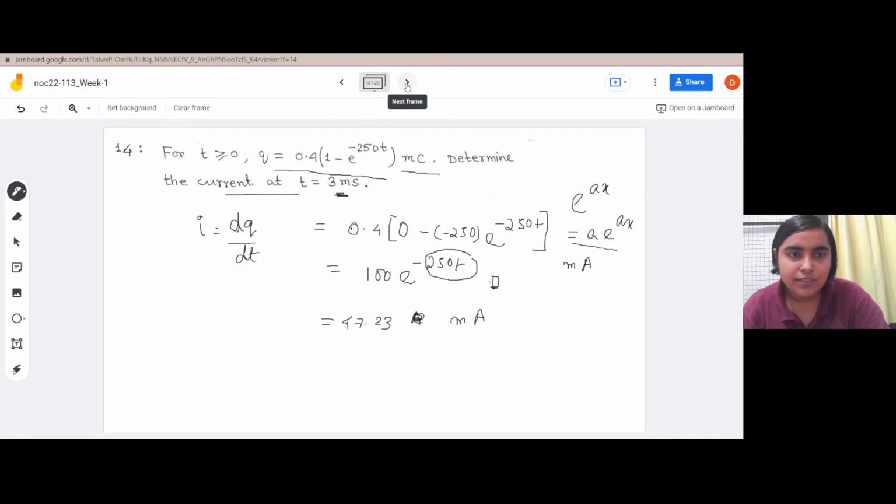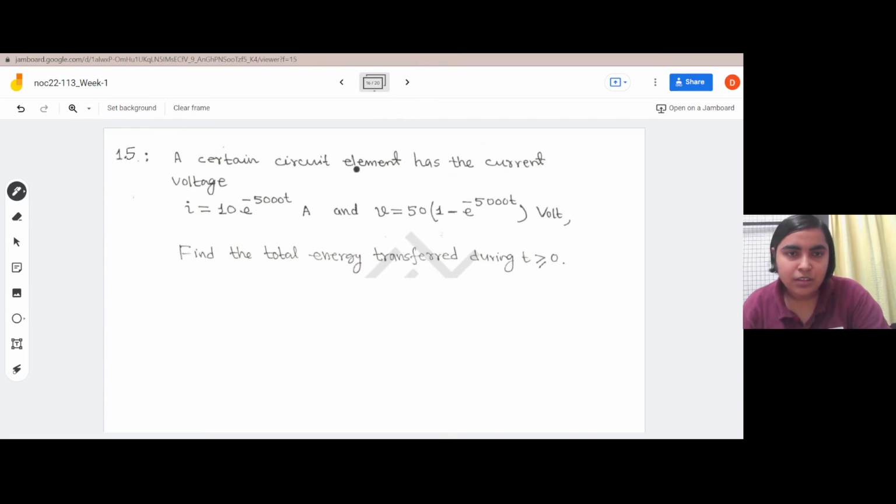Anything else about this? No, ma'am. Okay. So now a circuit element has a current given here and a voltage given here. You have to find the total energy transferred at time t greater than or equal to 0.